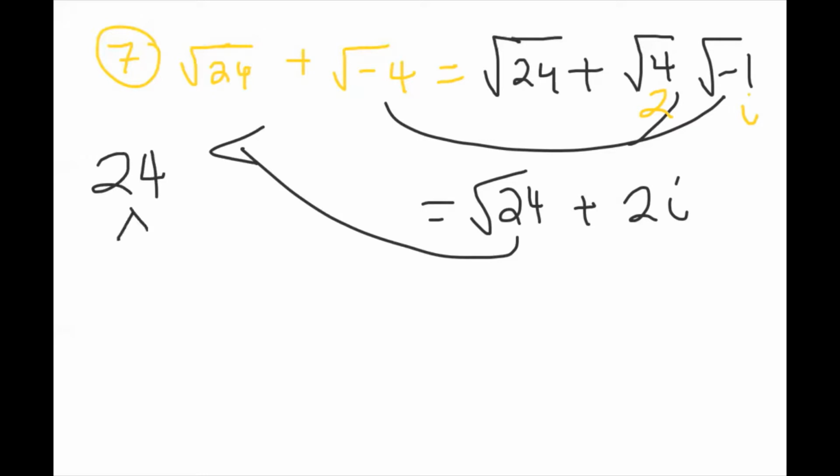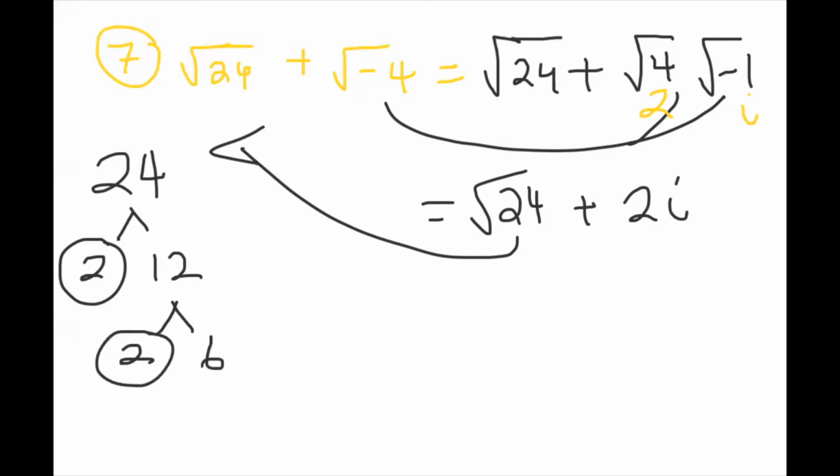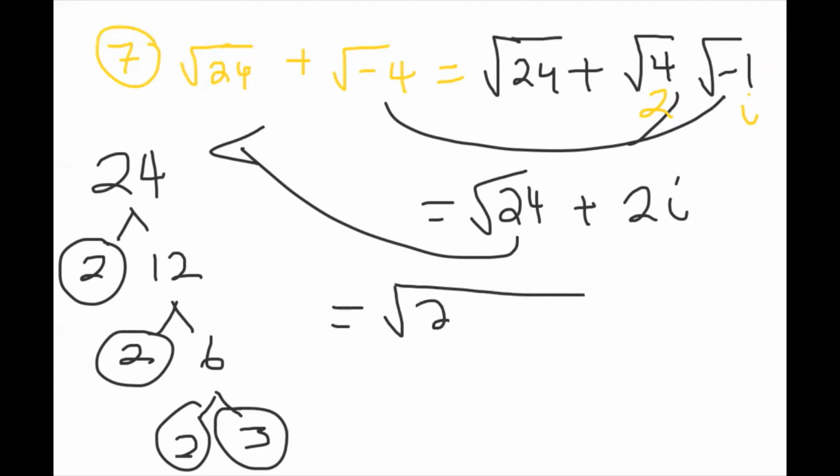Again, an easy prime number that I always start with is 2. 2 goes into 24 12 times, and 12 is not prime, so I'm not going to circle it. 2 goes into 12 as well, 6 times. 6 is not prime because I can divide it by 2, 3 times. 3 is prime, so I'm going to rewrite the square root of 24 as the square root of 2 times 2 times 2 times 3, and carry down the plus 2i.